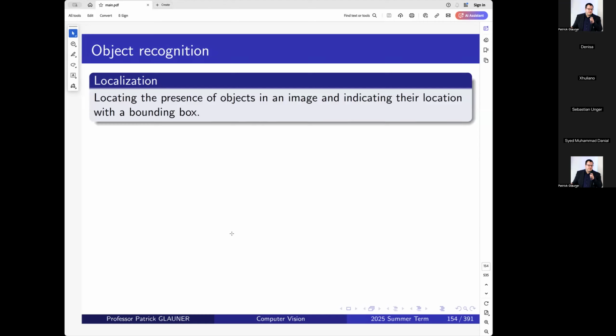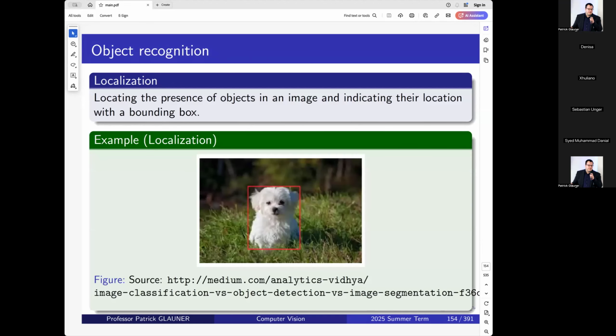The next one would be localization. Localization means locating the presence of objects in an image and indicating their location with a bounding box. So this one here would be localization. We found an object and we put a bounding box around it.